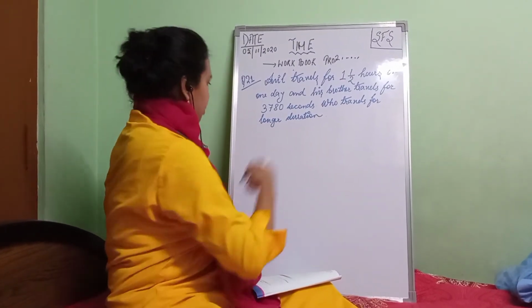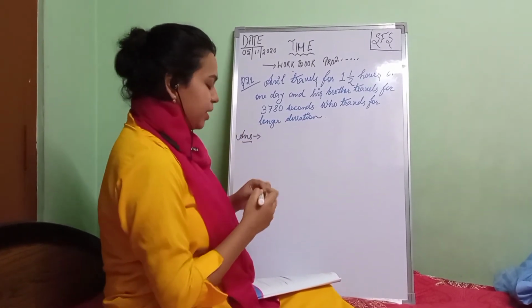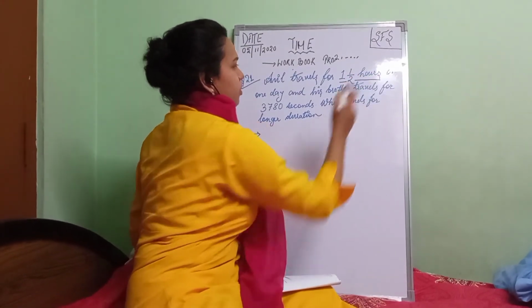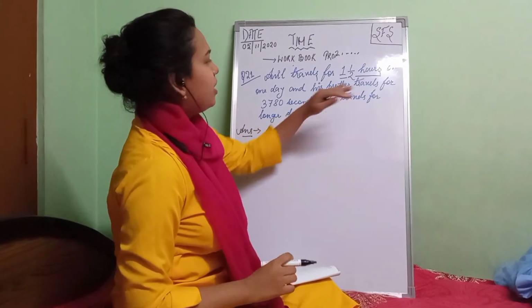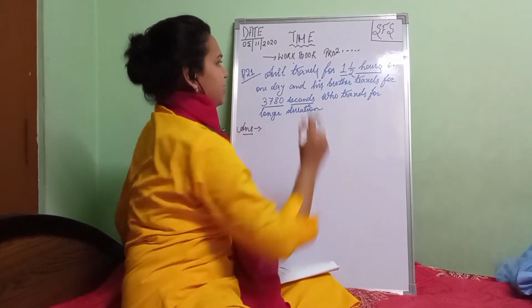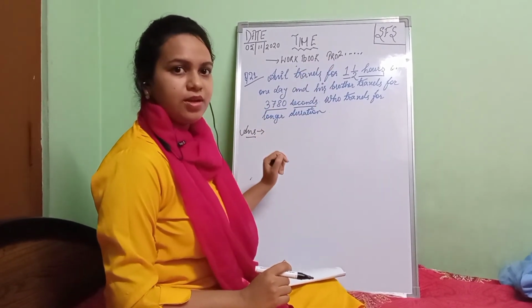Okay, so children, please note that here Anil travels for how many hours? 1.5 hours. Okay, and his brother travels for 3870 seconds. Now see, is it easy to compare both this time?